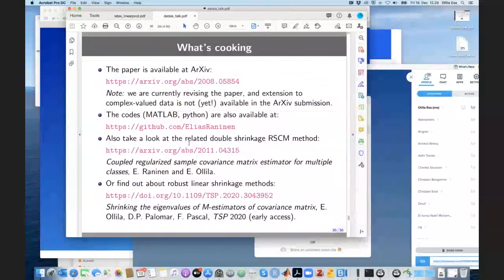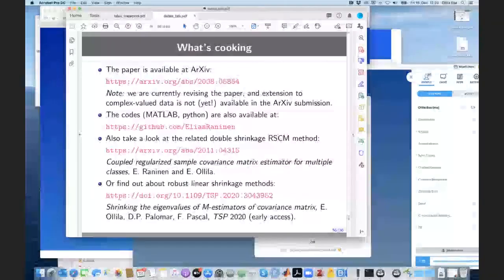So some of the results that I showed are not yet in the arXiv version that is available, but you can already take a look at it, and the main frame is there, and we already have the MATLAB and Python codes for our method, so you can just go on and play with those.